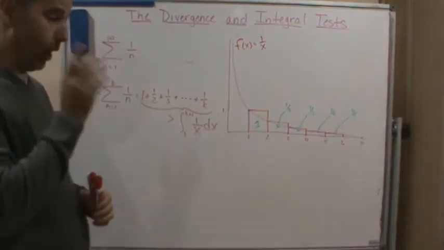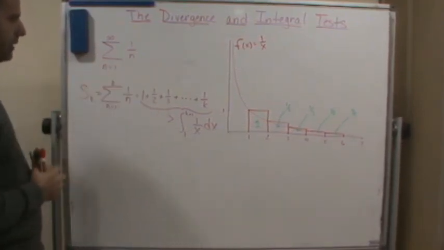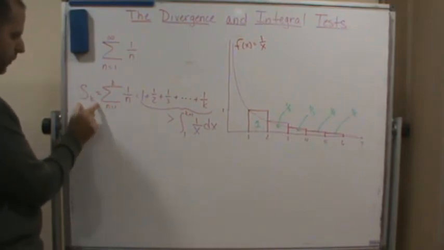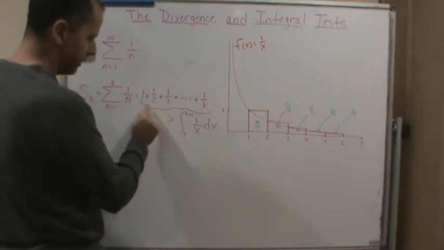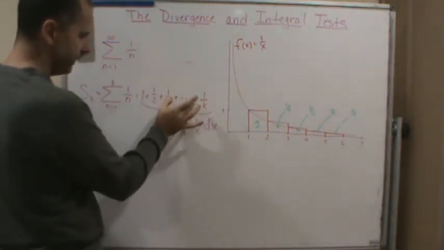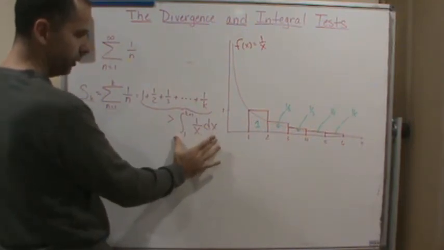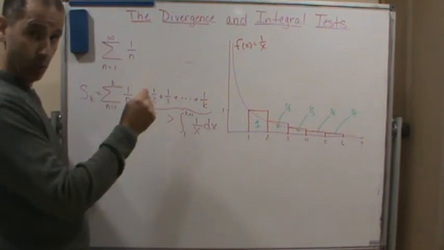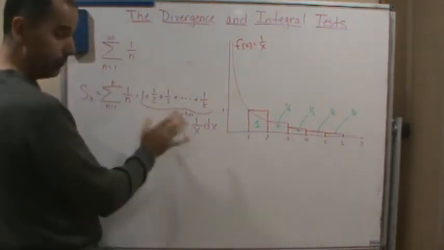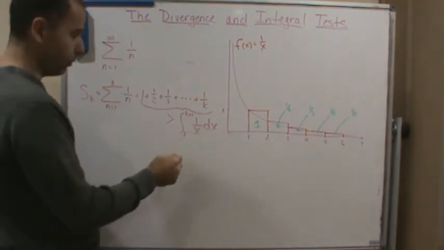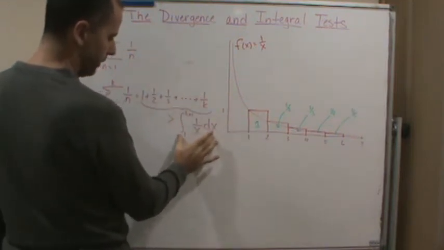Now, let's look at this. Here's our series, the harmonic series, and here's an example of our partial sum, which is given by this sum. And so we know that this partial sum is greater than the area under the graph 1/x. So we're going to compare the areas, that's basically what we're doing. We can see that this area is always going to be bigger than this integral.